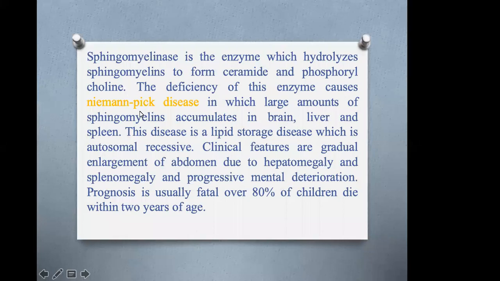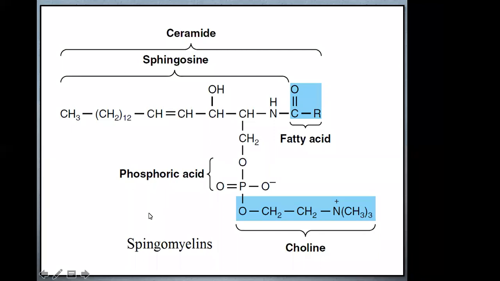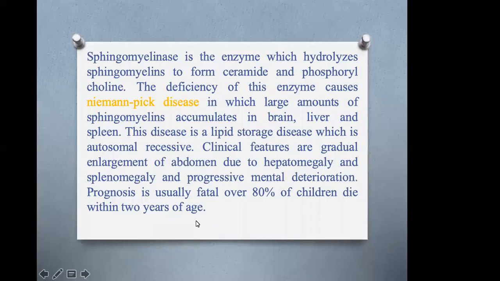Sphingomyelin is basically a myelin sheath which covers your nerves, your CNS. So if sphingomyelin is not properly formed and not properly working, the disease which occurs is called multiple sclerosis.